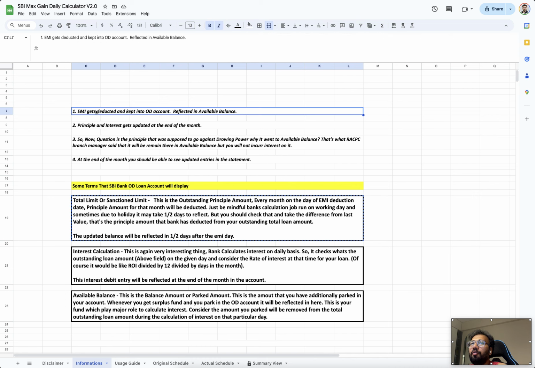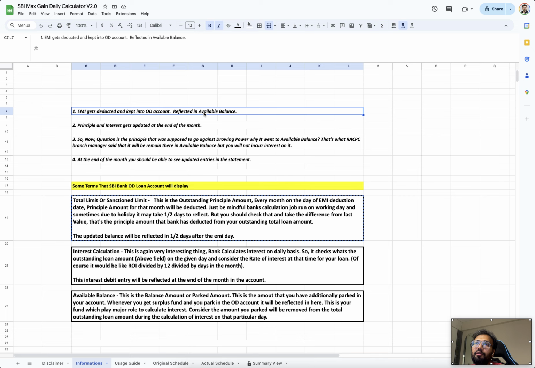Some basic information: the EMI is going to get deducted and kept into your OD account, so it will be reflected in your available balance first. If it's an ECS, the EMI will be deducted from the bank account that you have given for the ECS, then it will get into your available balance or your OD account, based on your EMI date itself.